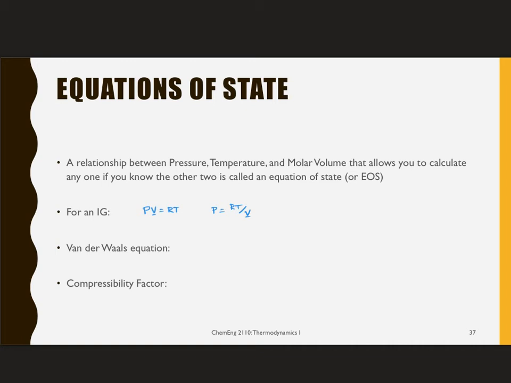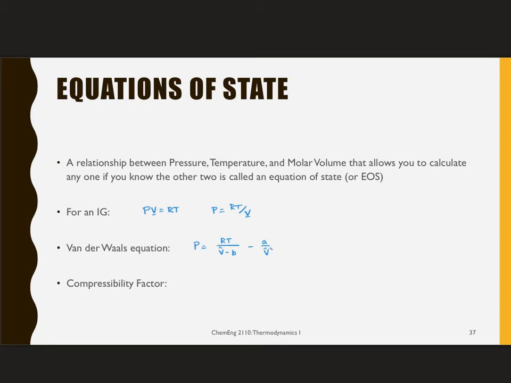But what if the gas is not an ideal gas? Well, I have several other choices, but we'll look at two. One of these is the van der Waals equation. It is the first good equation of state that was developed historically.